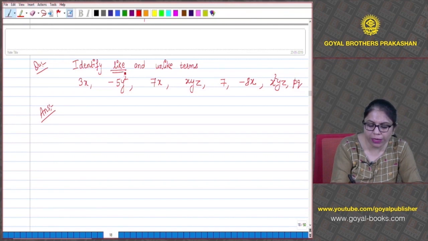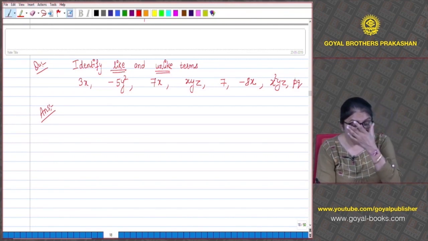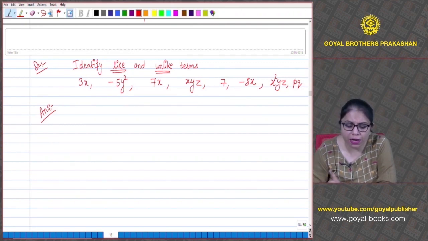First of all, you should be clear about the meaning of like terms and unlike terms. Like terms means if any terms have the same variables, then they are like terms. If they have different variables, then they are unlike terms.